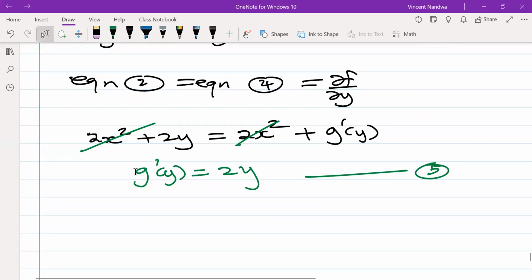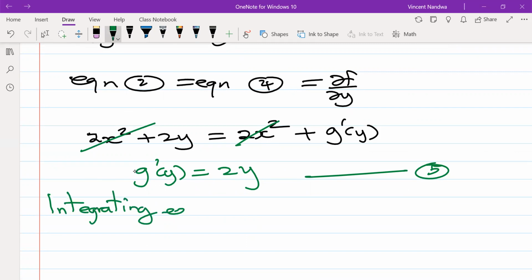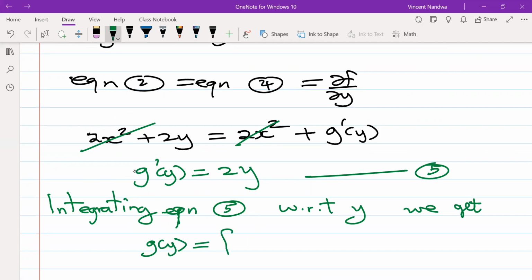Now to get the function g, we have to integrate equation 5 with respect to y. This will give us the function g of y, the integral of 2y dy, and this will just be y².